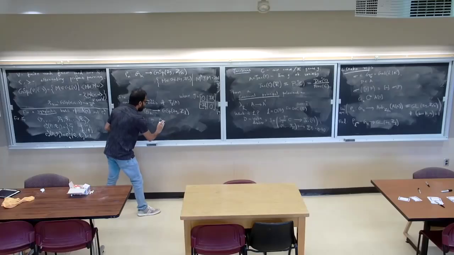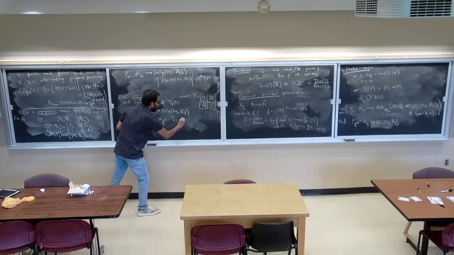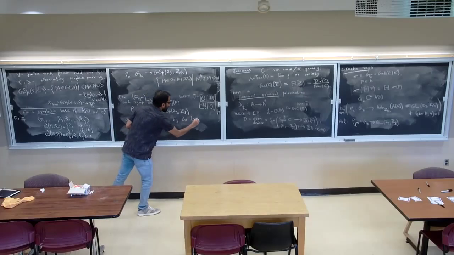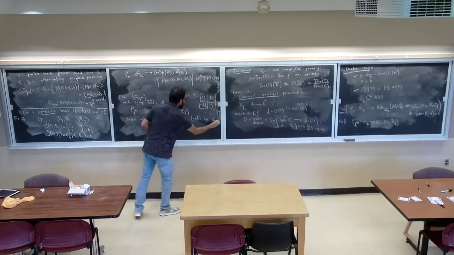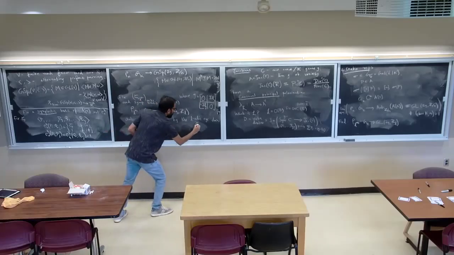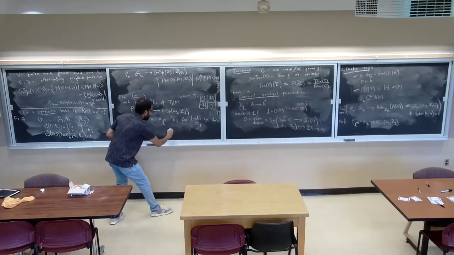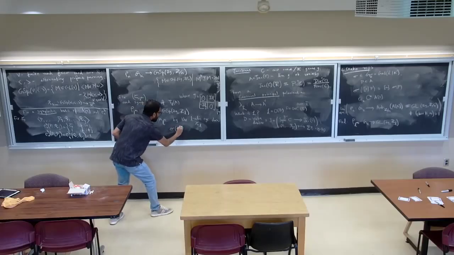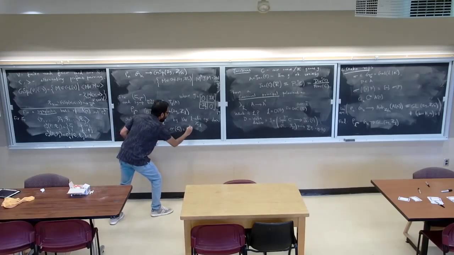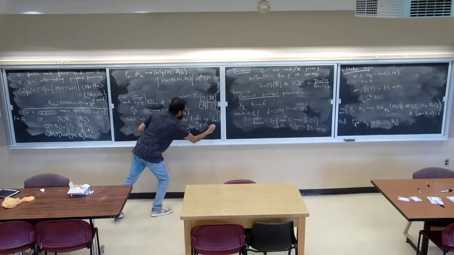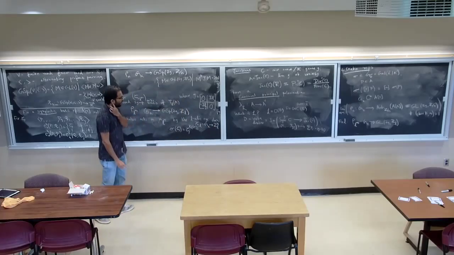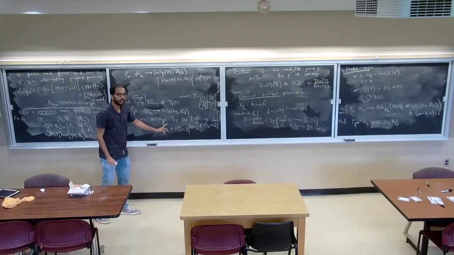This is called the L-adic cyclotomic character, chi_L. Essentially, this is a character valued in Z_L cross such that this condition holds.